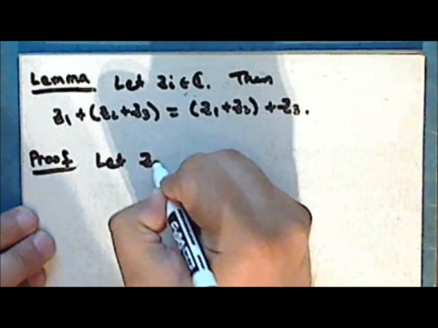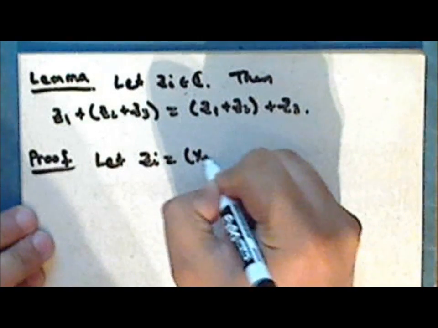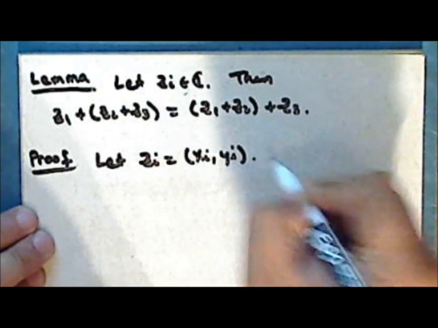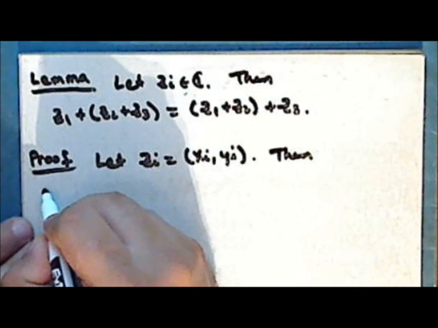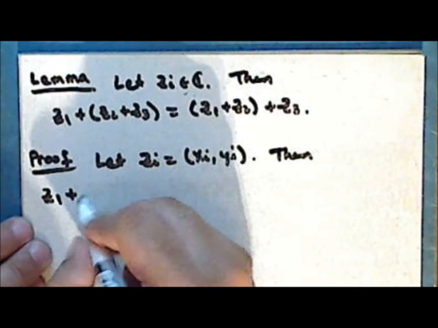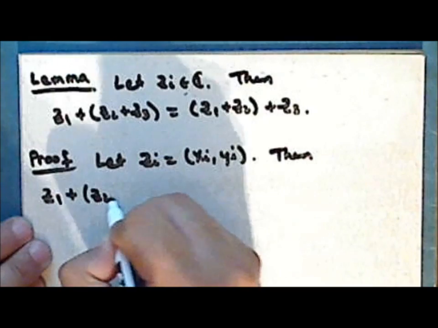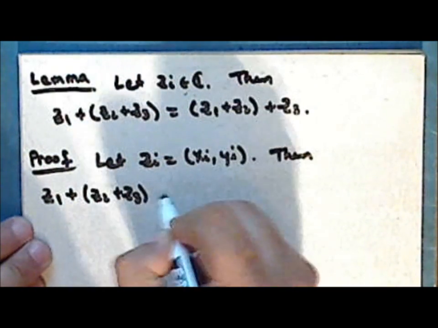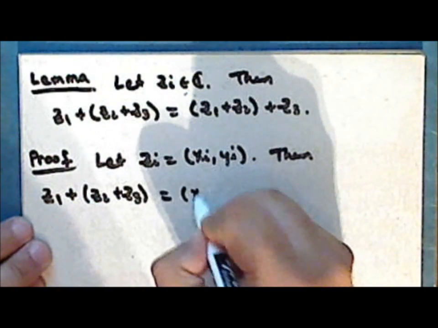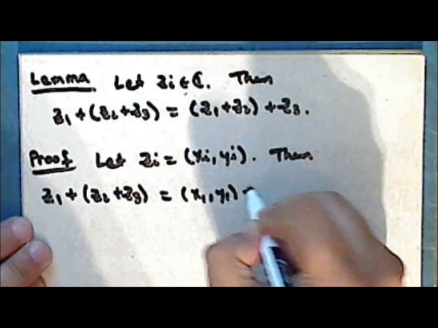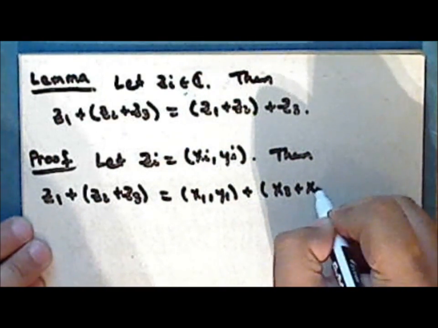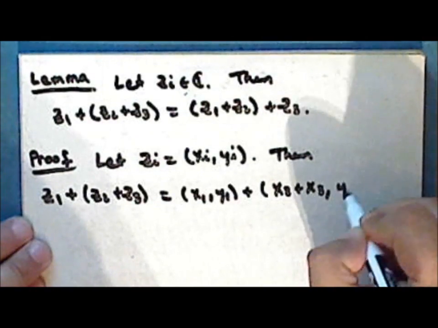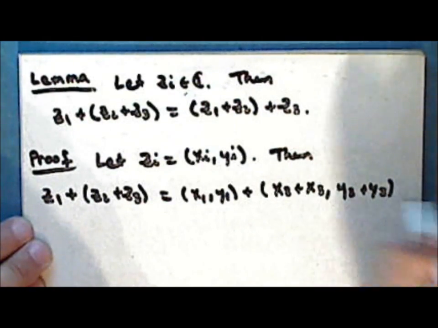Let z sub i be the ordered pair x sub i, y sub i. Then the sum of z sub 1 with the quantity z2 plus z3 is the sum of two ordered pairs x1, y1 plus the ordered pair whose real part is x2 plus x3 and whose imaginary part is y2 plus y3.